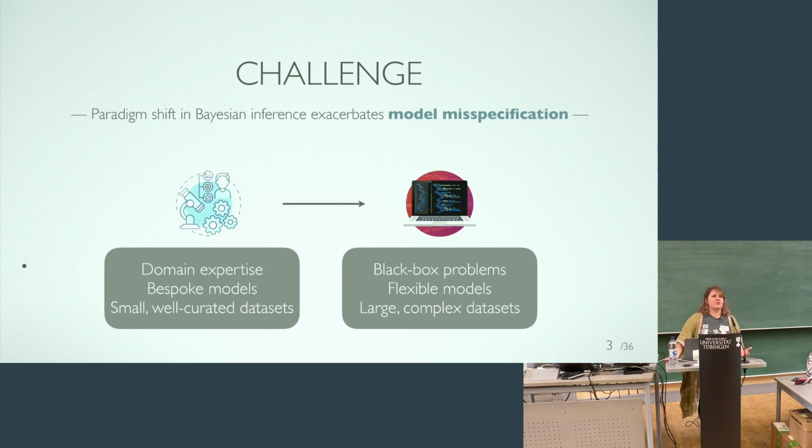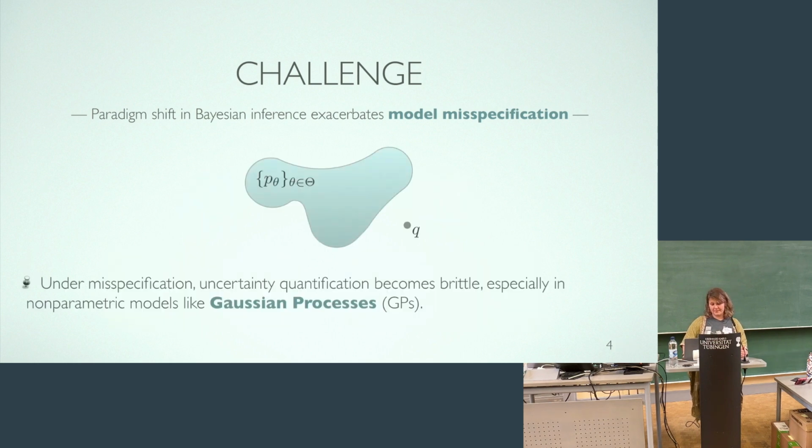That's, of course, not what we're dealing with in modern machine learning, where the problems are increasingly complex and poorly understood, and we even refer to them as black box problems. As a result, our models become general and flexible, so that we can hopefully apply them to any type of problem. To make things worse, the data sets are ever growing in size, complexity, and dimensionality.